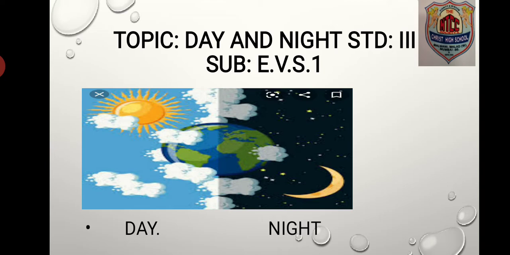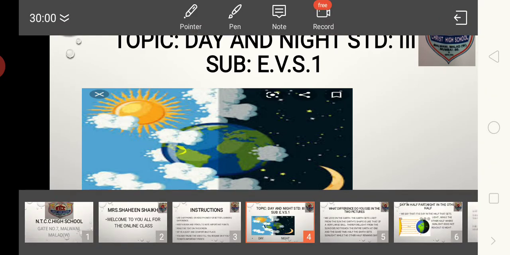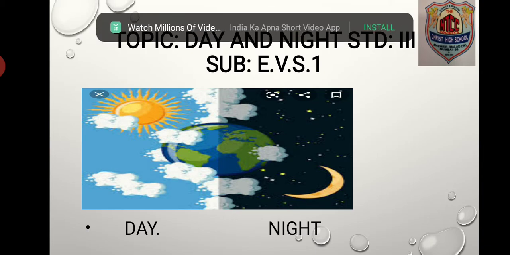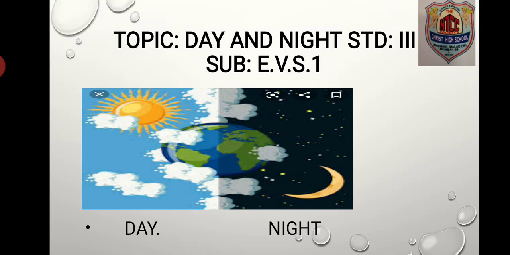The half portion of the earth is receiving daytime light, and the half portion of the earth you can see is dark, which is the night time.